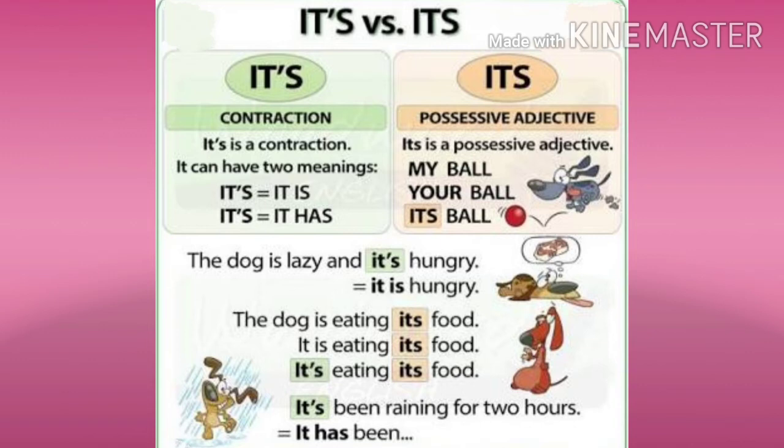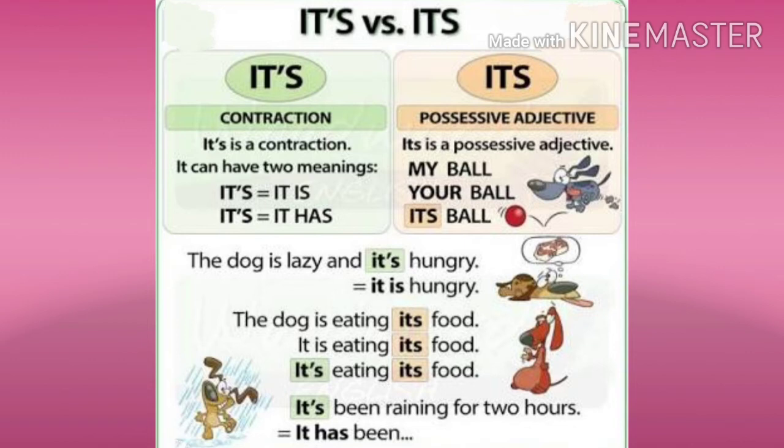That means the food belongs to the dog. It's eating its food. In the first it's we have an apostrophe, that means it is. In the next its, the food belongs to the dog.